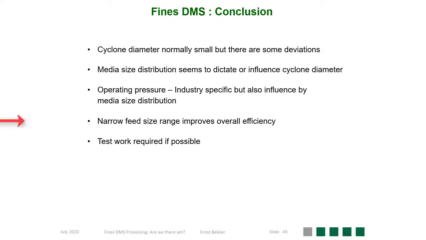But the media size distribution does play an important role, and if we as suppliers are aware of that, we may deviate from the industry standards. A narrow feed size range seems to be the optimum option for processing fines in dense media separation. That seems to provide the best results.